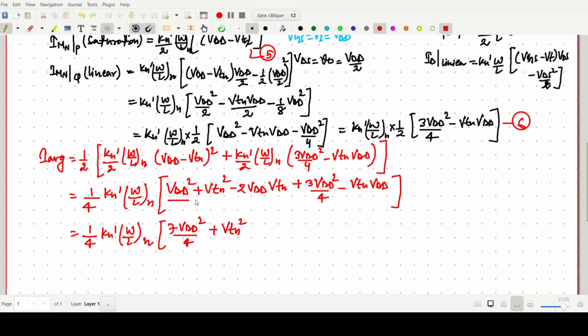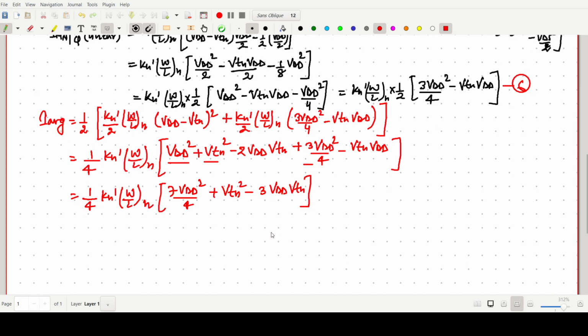Okay, this part is over. Then minus 2 VDD VTN minus VDD VTN, so it should be minus 3 VDD VTN. Okay, now we can do one more thing.